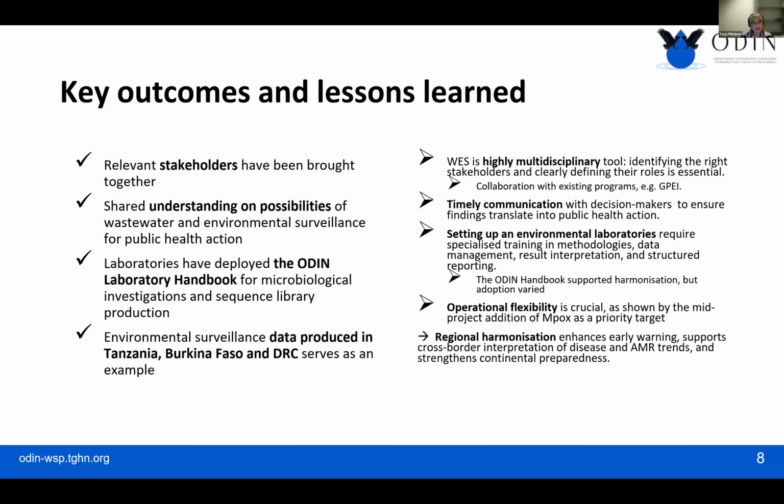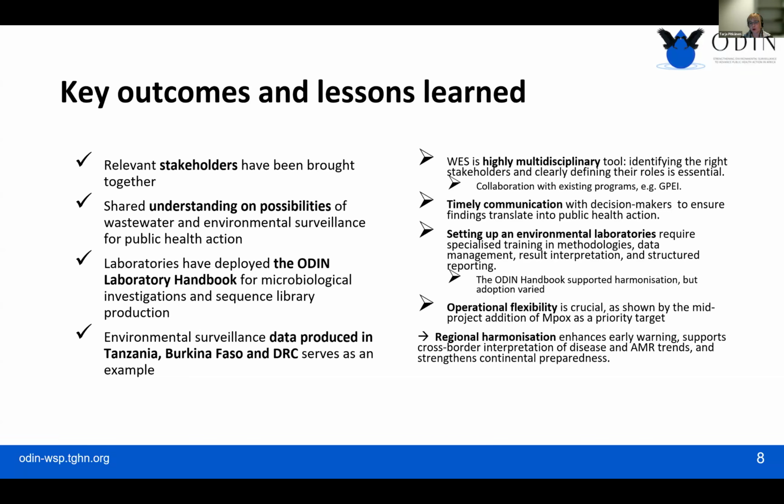And then we have produced environmental surveillance data from these 3 countries, and this serves as an example for the future work. So what we have learned is that collaboration is the key. So we need to find the right stakeholders and clearly defined roles.